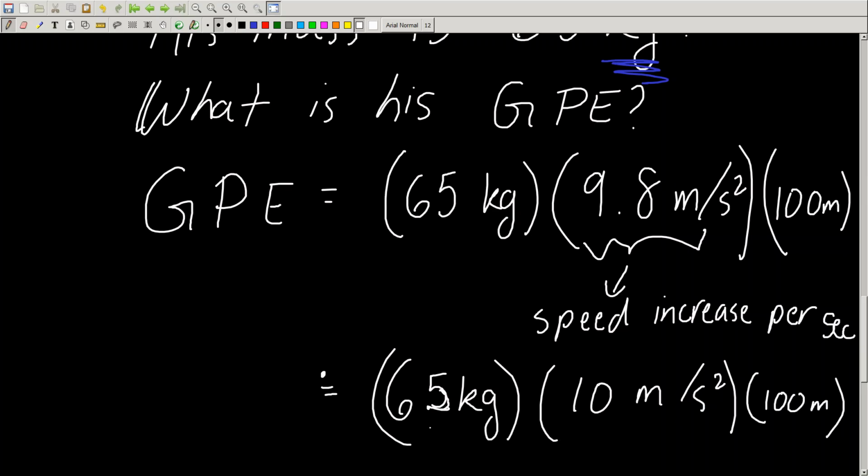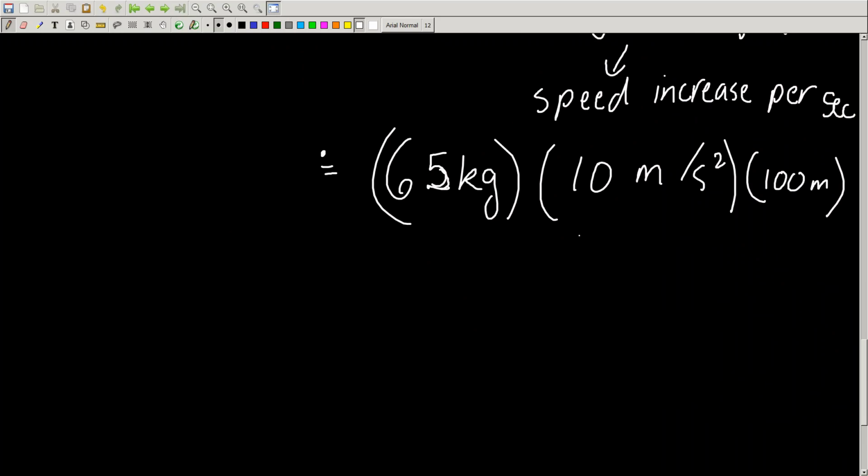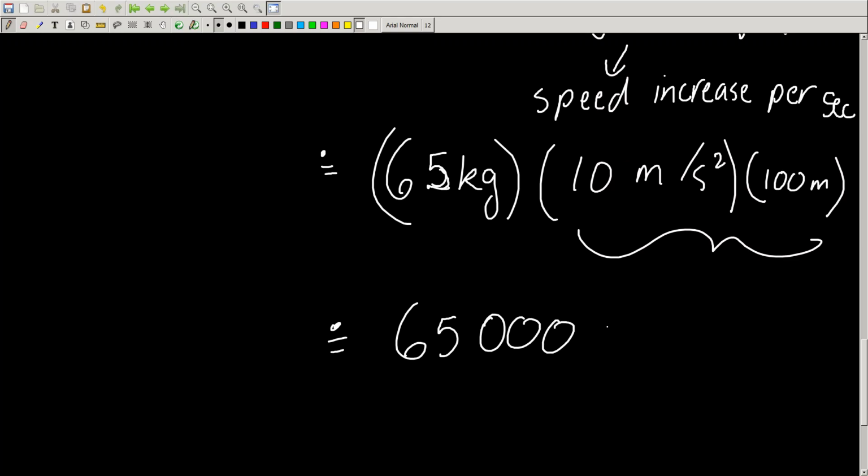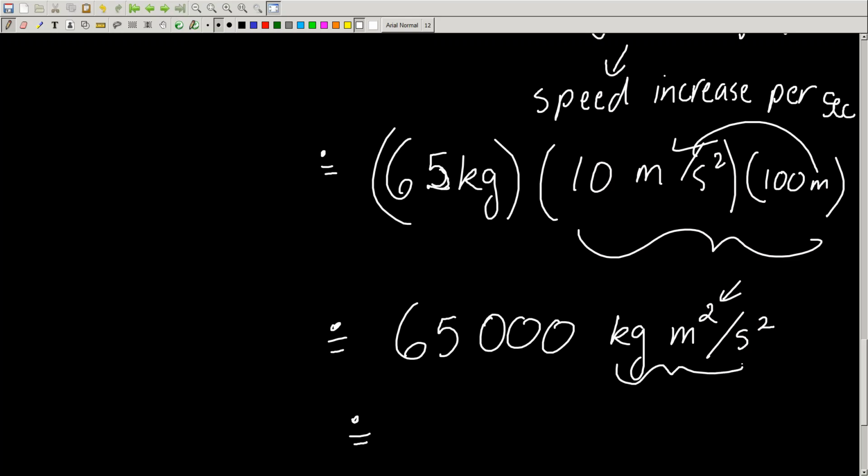would be the same as 65 times 1,000, basically, because these group together to make 1,000, right? So basically, I'm approximately at 65,000 kilograms meters squared per second squared. Notice how the meters times a meter gives me a meter squared, right? Now, this unit in the last video we figured out was the joule unit.